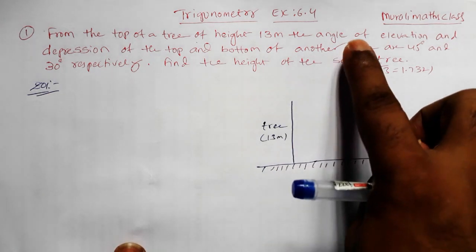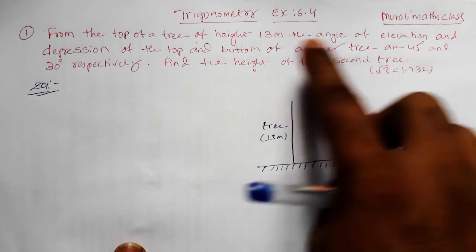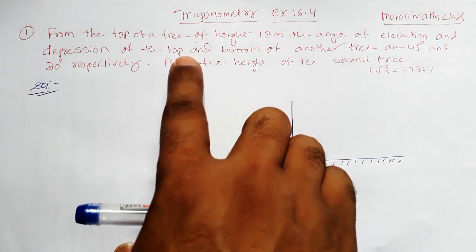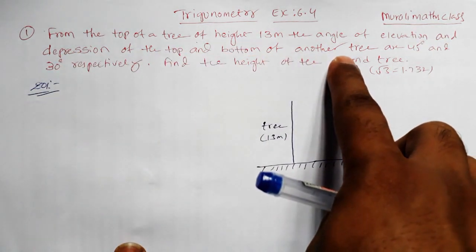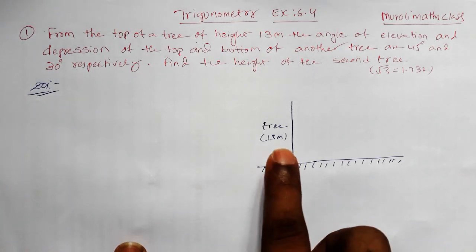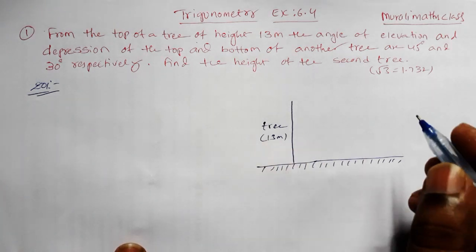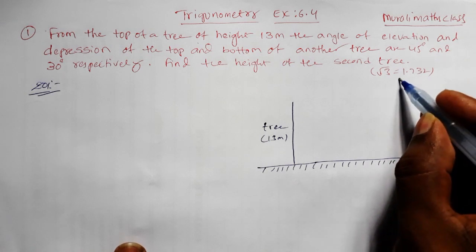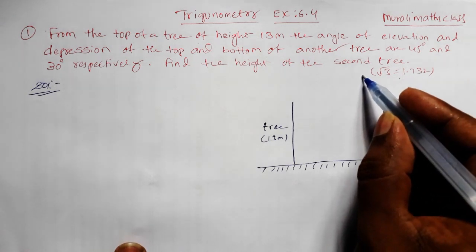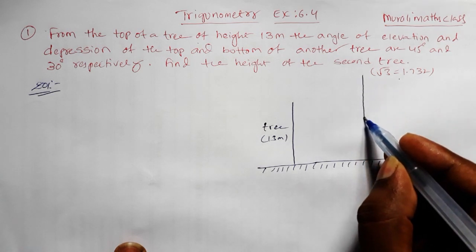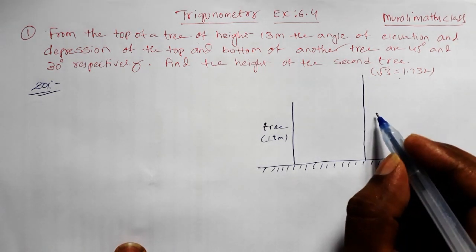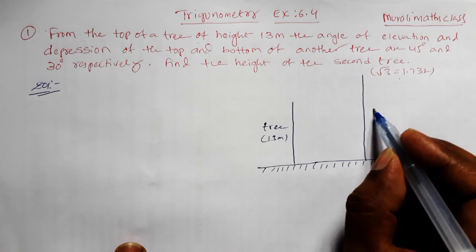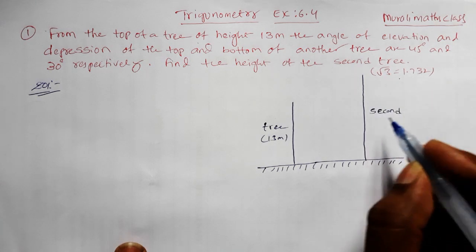Next, the angle of elevation and depression of the top and bottom of another tree. So one tree we drew here. One more tree is also there. Let us draw like this. One more tree here. Okay. Second tree.